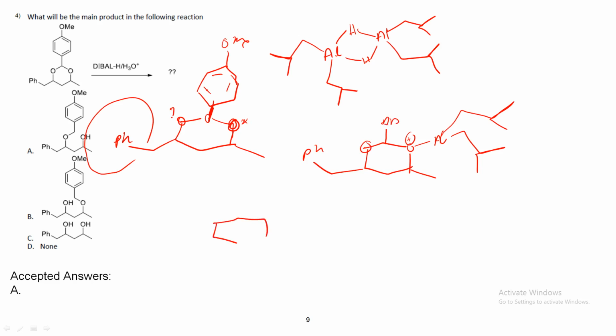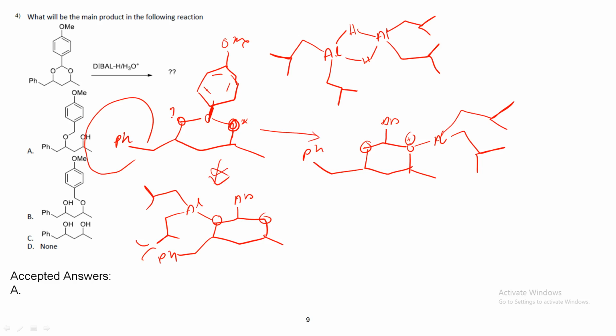Another possibility, aromatic, methyl this side. So possibilities are there, but here you can see it would be facing an interaction with this phenyl group, but it is very much bulky compared to this one. So that's why the system prefers to form this over this one. So this should be formed.